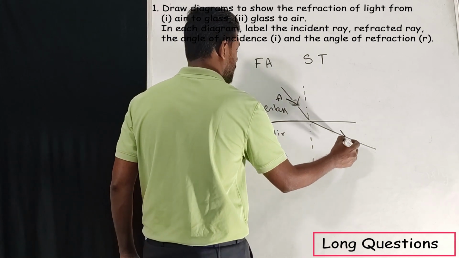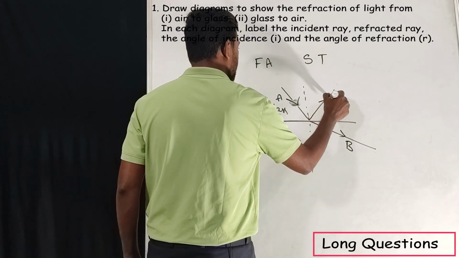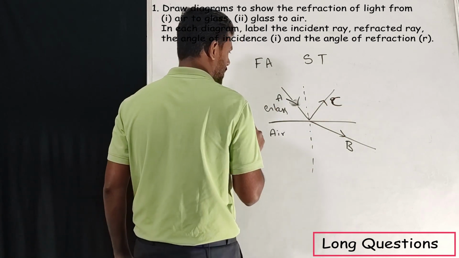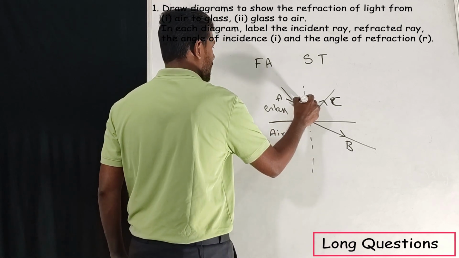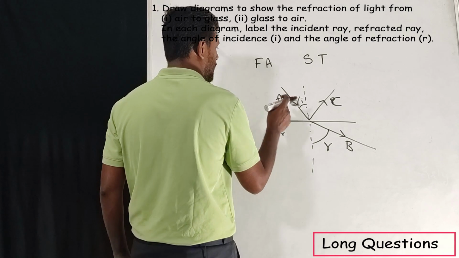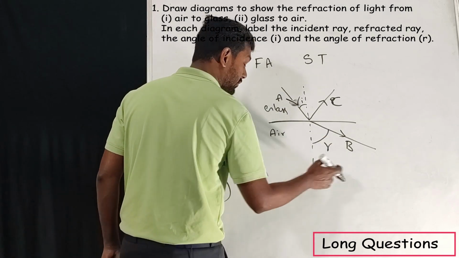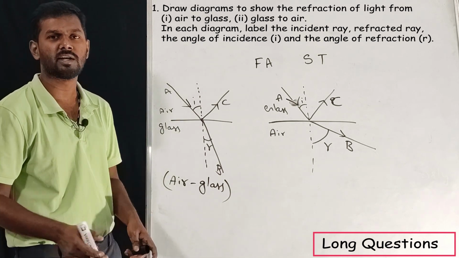A, B, and some part of it will get reflected, that is C. Here the angle of incidence is I, and this is the angle of refraction. Again you have to write A incident ray, B refracted ray, C partially reflected ray.